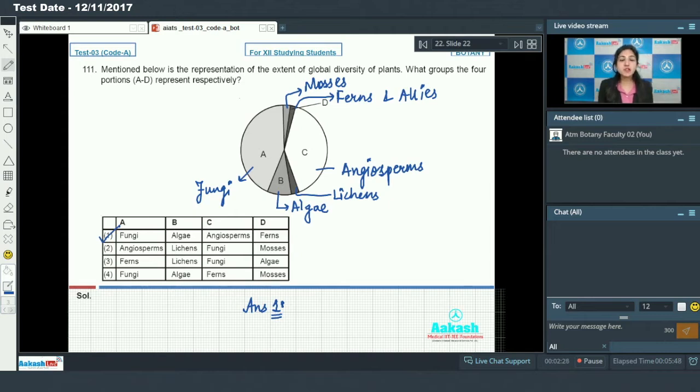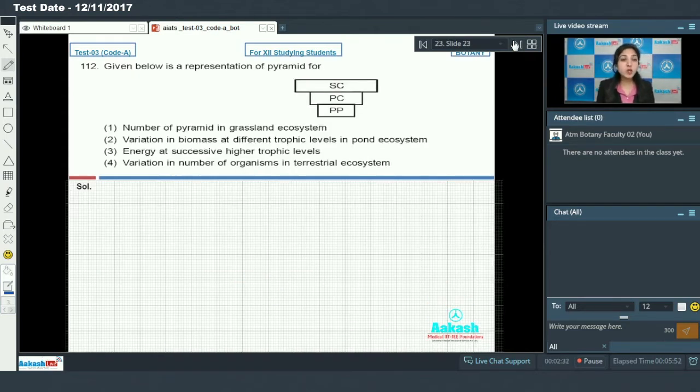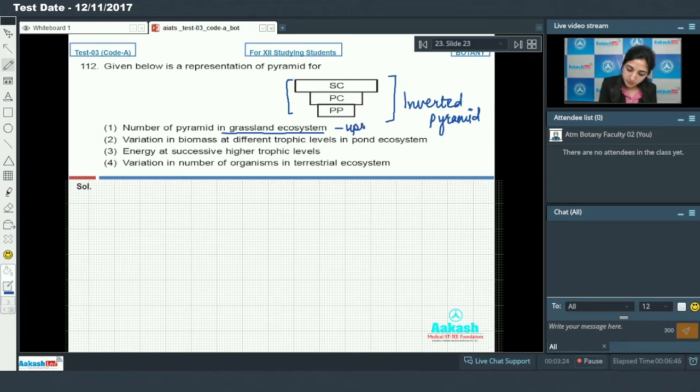Moving on to the next question, that is question number 112. Given below is a representation of pyramid. Here, this is an inverted pyramid with more number of secondary consumers. So this cannot be the pyramid for number in grassland ecosystem because it is upright.